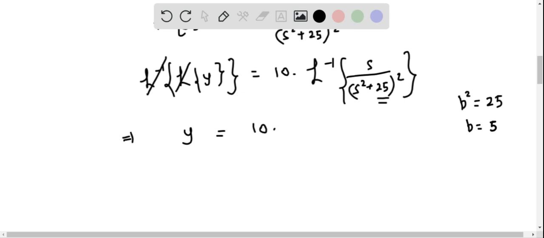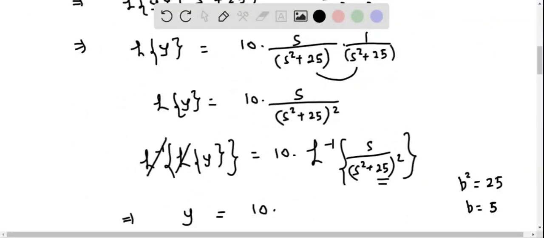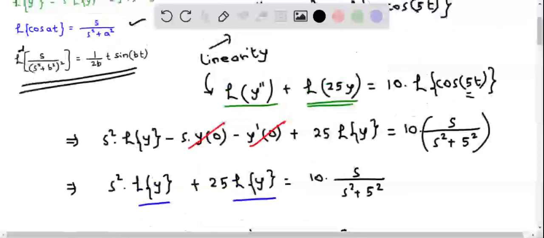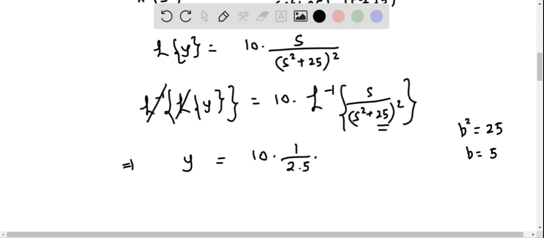When we apply the formula, it is 1 by 2b, so I put 1 by 2 times 5, and then t times sine of bt. That is t times sine of, instead of b, I put 5, so it becomes sine of 5t.